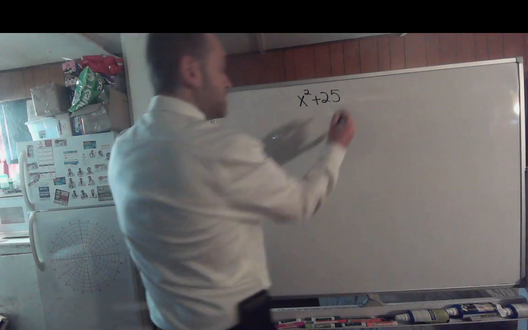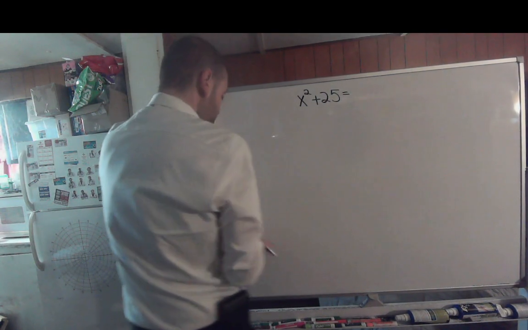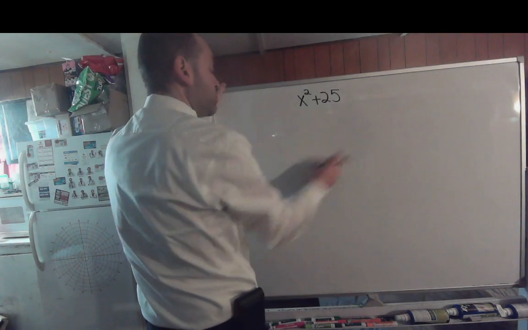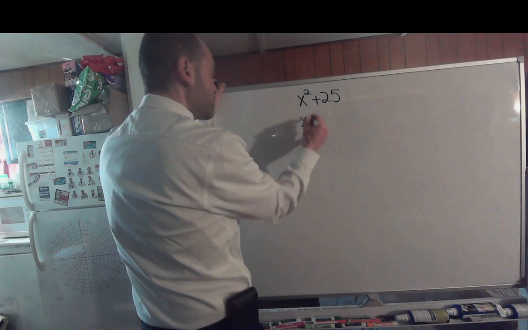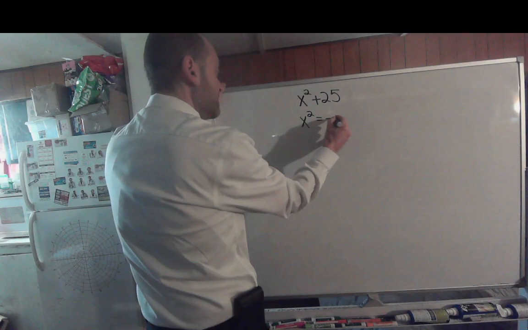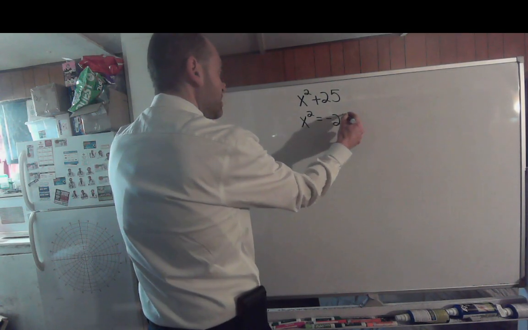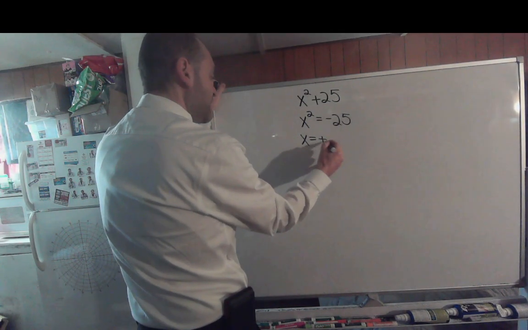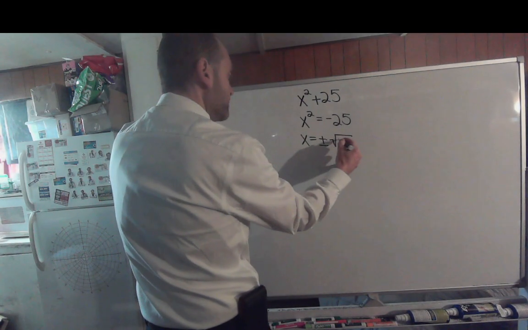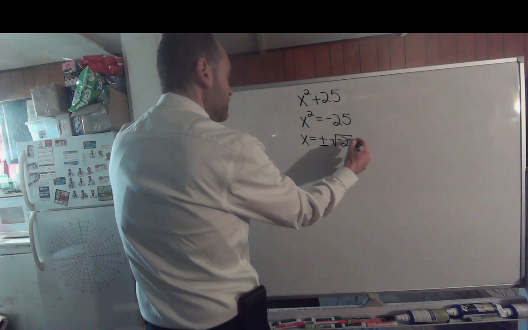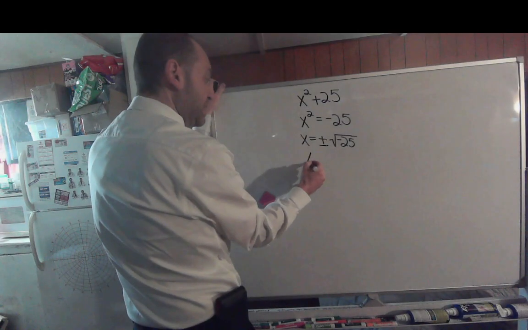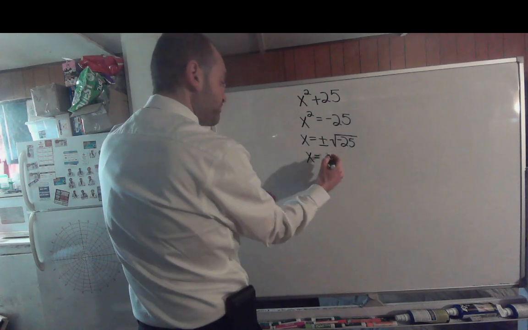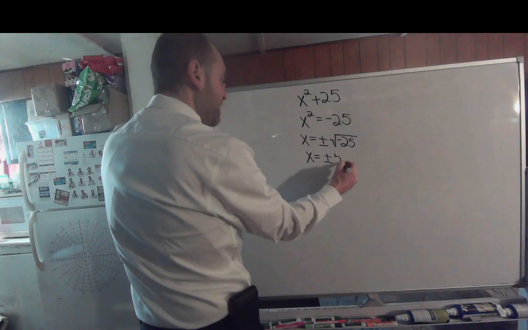But we're going to solve this. So x squared plus 25, you could take x squared, set that equal to negative 25, which would mean that x equals plus and minus the square root of negative 25, which would mean that x equals plus and minus 5i.